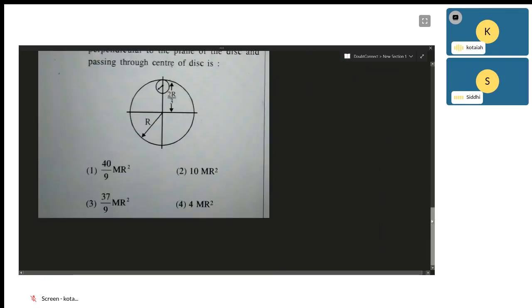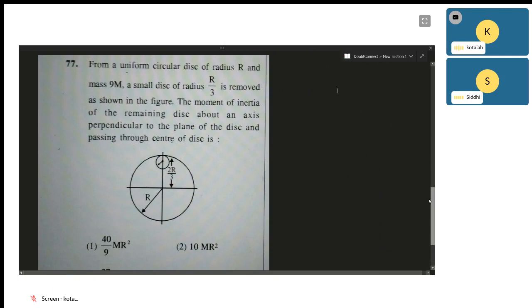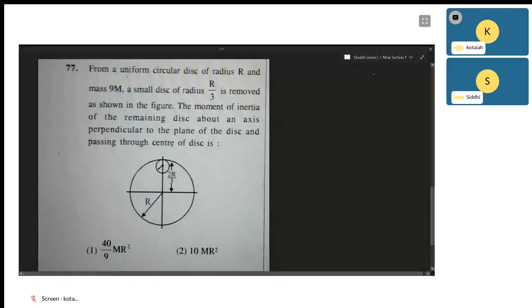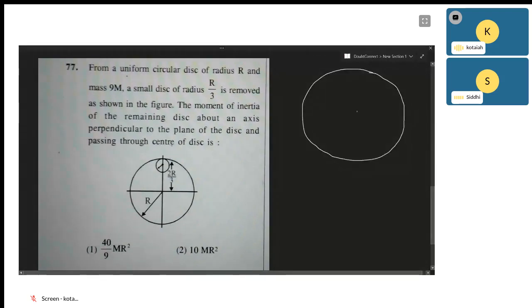Now, just see the diagram. Just read the question once. Now there is one circular disc, and this is the center.